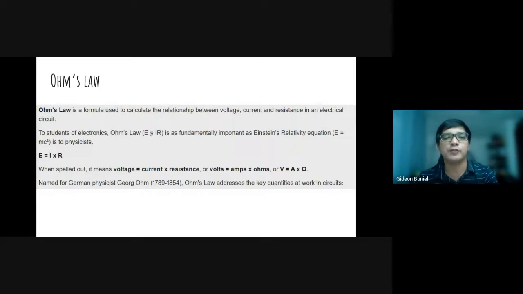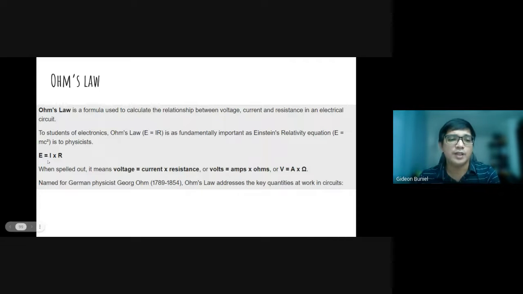So Ohm's law is a formula used to calculate the relationship between voltage, current, and resistance in an electrical circuit. To students of electronics, Ohm's law, E equals IR, but we use V equals IR, is as fundamentally important as Einstein's theory of relativity equation, E equals mc squared, is to physicists.